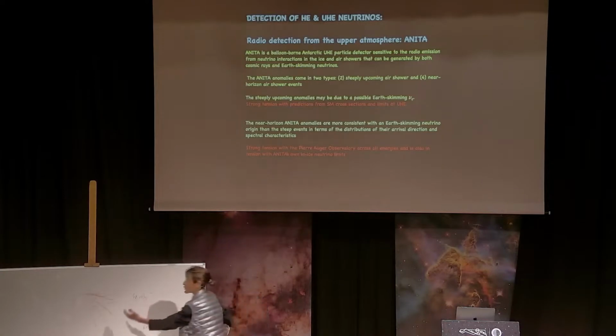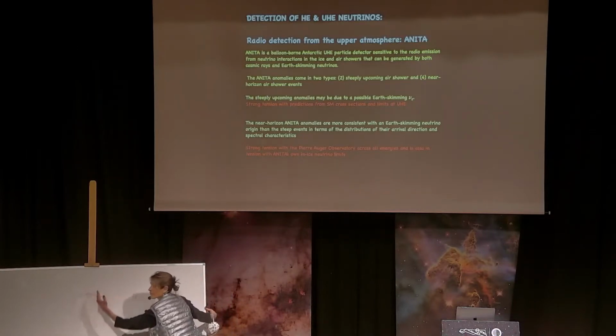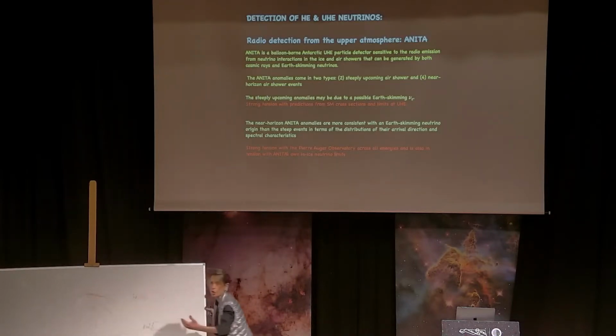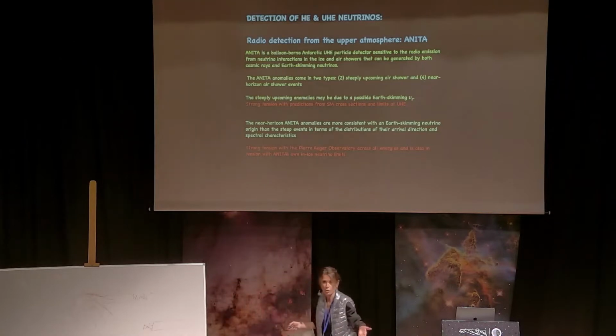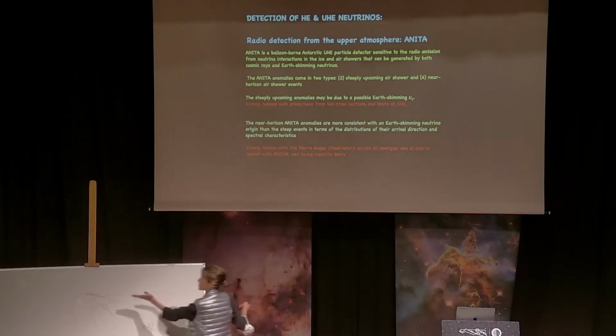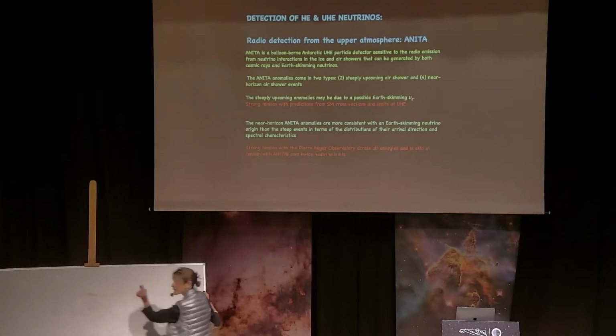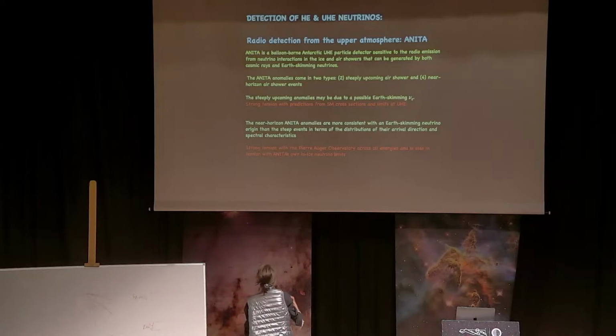Of course, they can produce this tau regeneration, but if you are like this, you have a strong cross-section and these neutrinos will be absorbed. They won't make it to the detector, okay? The near-horizon ones are more consistent with Earth-skimming neutrino events. Earth-skimming neutrinos are just crossing the Earth at a very small angle, okay?